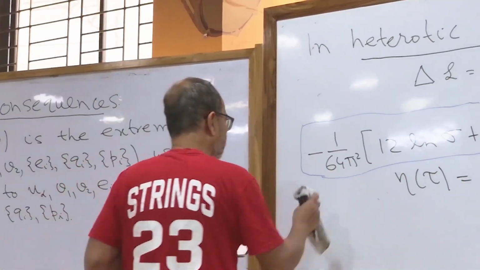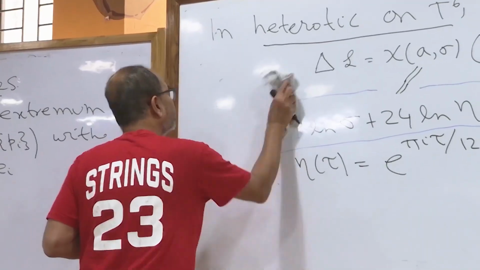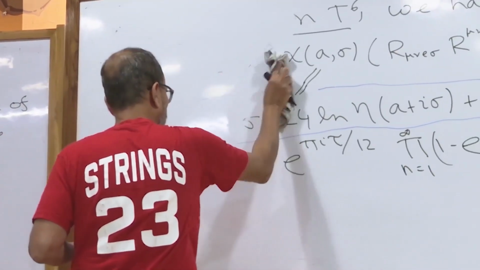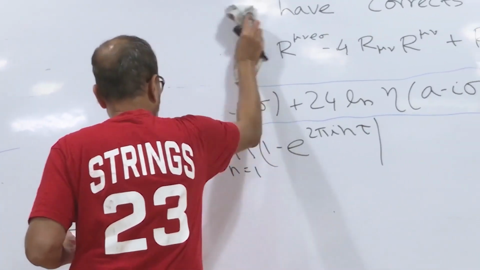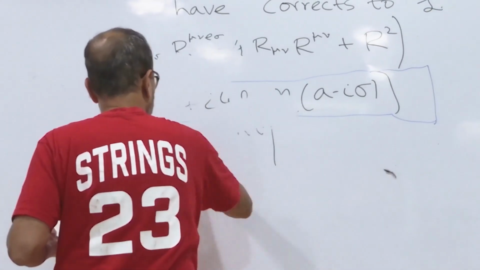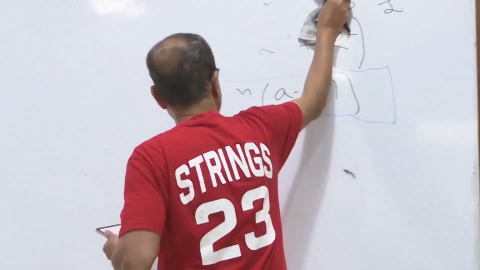But the full black hole solution, not just the near horizon geometry, depends also on the moduli fields.